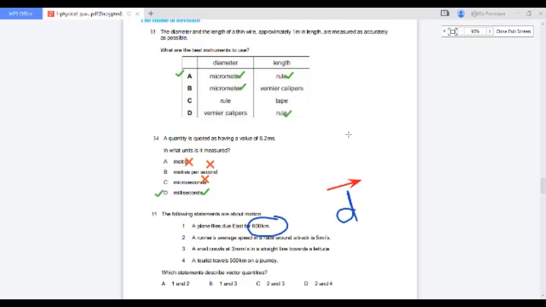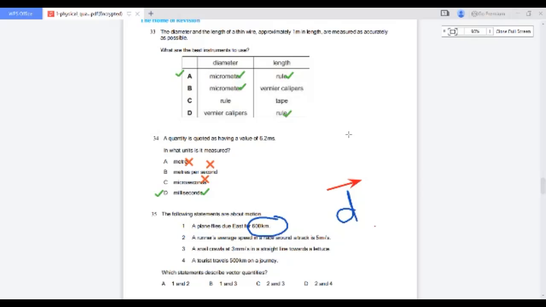So the first option tells us about a 600 kilometer displacement. Now the second option, the runner's average speed in a race around a track is 5 meters per second.